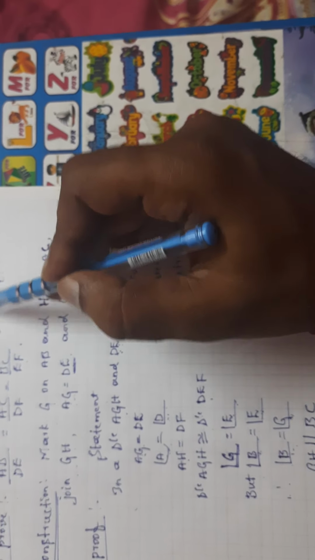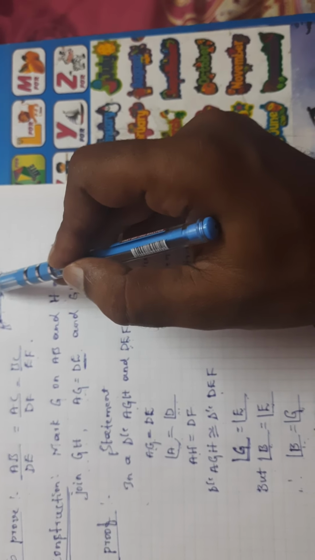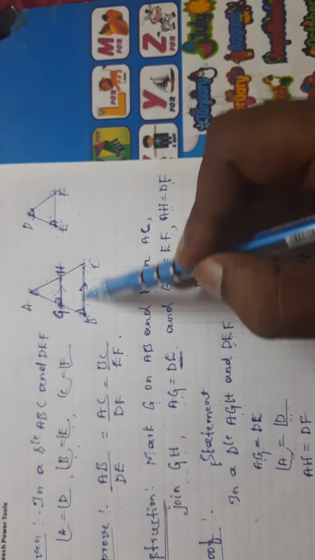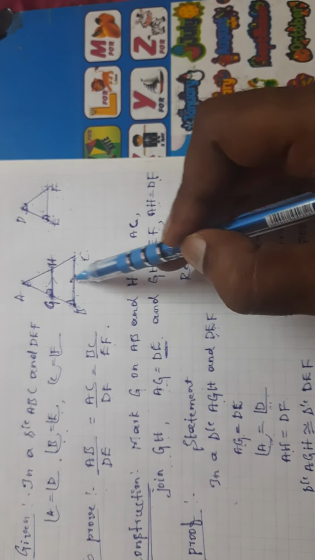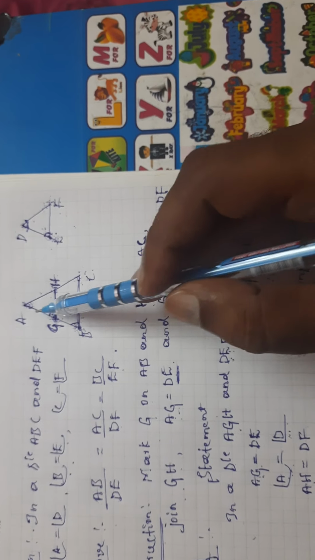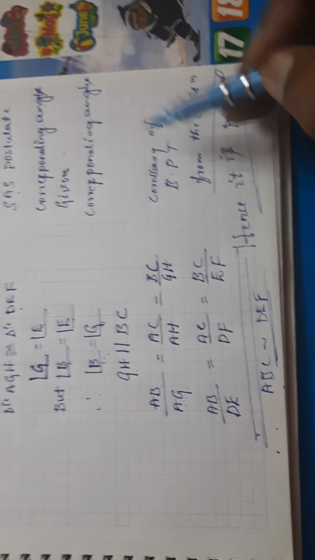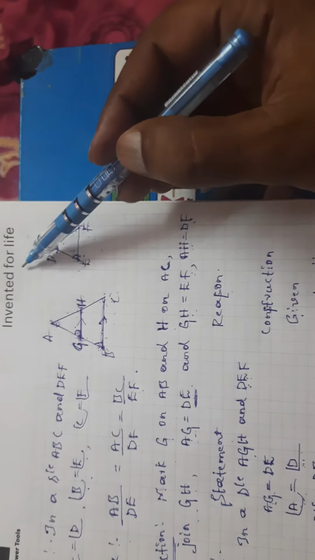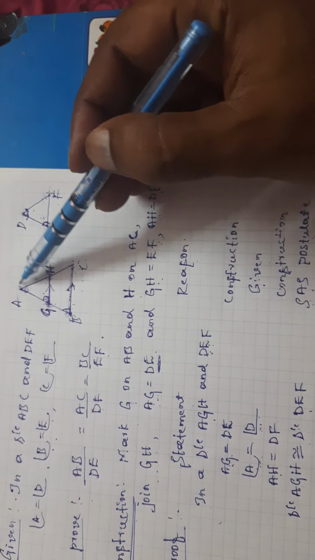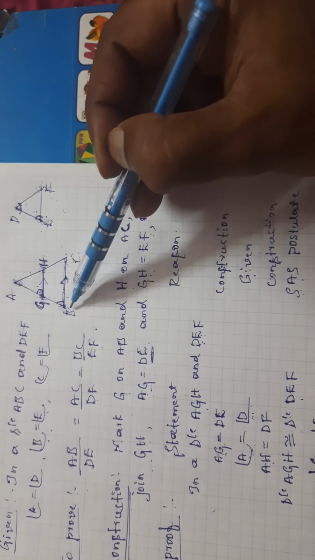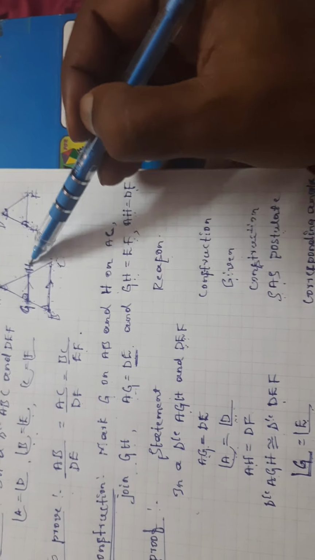According to the Thales theorem, if we draw a line parallel to the third side, the sides are in proportion, that is, using the corollary, AB divided by AG, AC divided by AH and BC divided by GH.